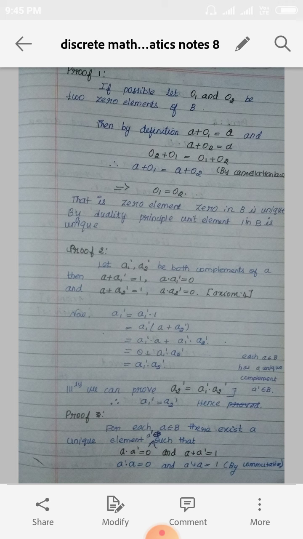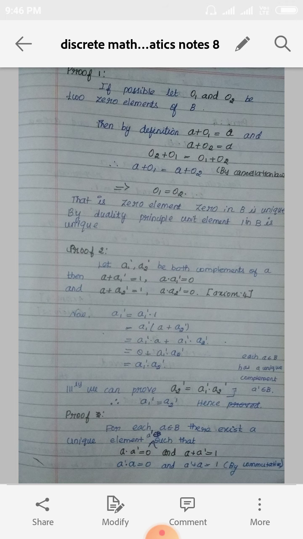So let us take a plus 0 1 is equal to a plus 0 2. By cancelling a on both sides, we get 0 1 is equal to 0 2. That is, the zero element 0 in B is unique. By duality, the unit element 1 in B is unique. That is nothing but the dual of 0 is 1. So 0 in B is unique means, by applying the duality principle, the unit 1 is also unique.